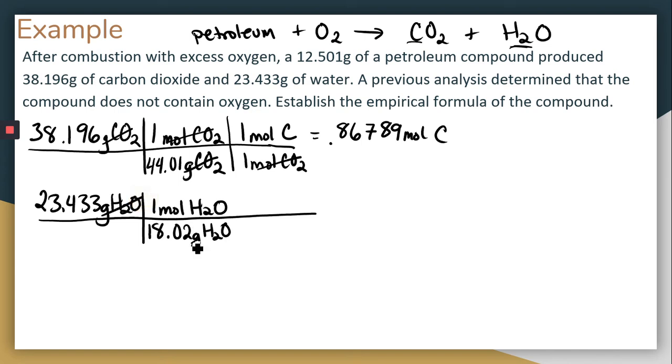So our grams of water would cancel. Then we're going to set up that ratio to see how many moles of hydrogen there are. So for every 1 water, we're getting 2 hydrogens, right? Because there's 2 hydrogens for every water. So then our moles of water would cancel.